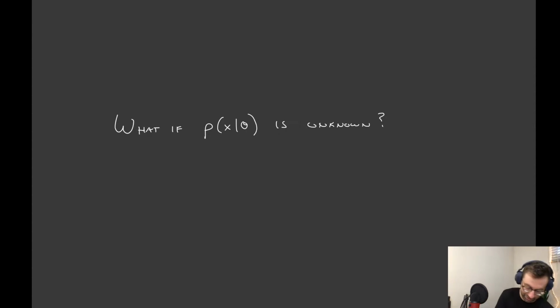Okay, cool. So in the last video, when we were talking about Monte Carlo simulation, we assumed that we knew the population distribution. But the natural question is, what if we don't? Because in practice, you don't know the population distribution. You might see where we're going with this.